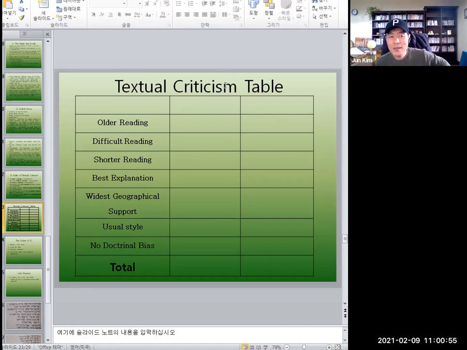But anyway, when it comes to a simple comparison between BHS and the Septuagint, in terms of earlier reading, we will support the Septuagint. What about difficult reading? I think BHS is more difficult. Why? Because it repeats, right?